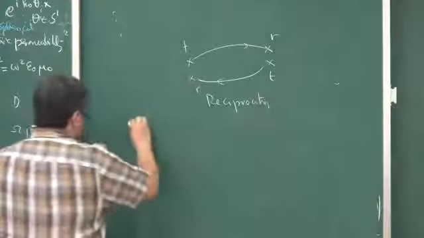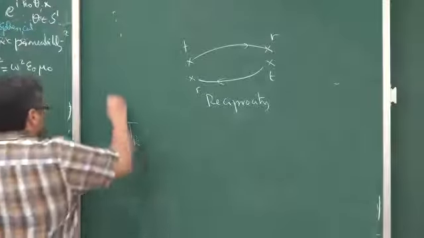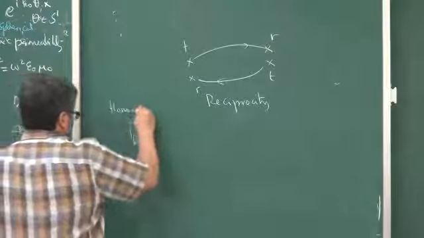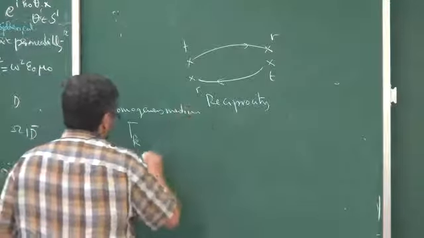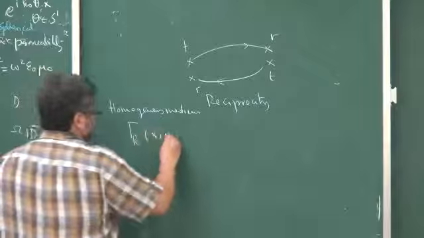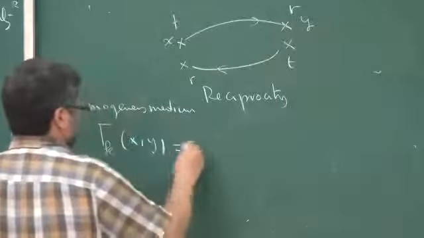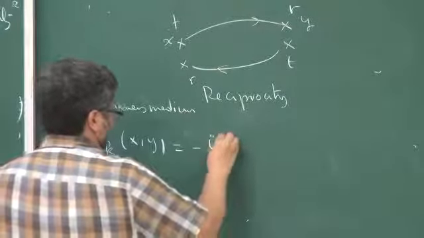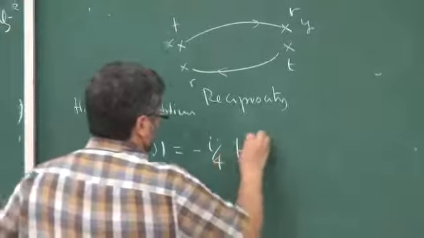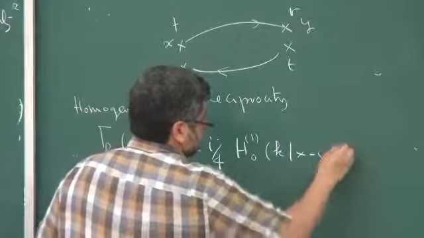It's clear on the Green function. The Green function for a homogeneous medium, Gamma of x and y, is equal to, let's write it in 2D, H_0^(1)(k|x minus y|).